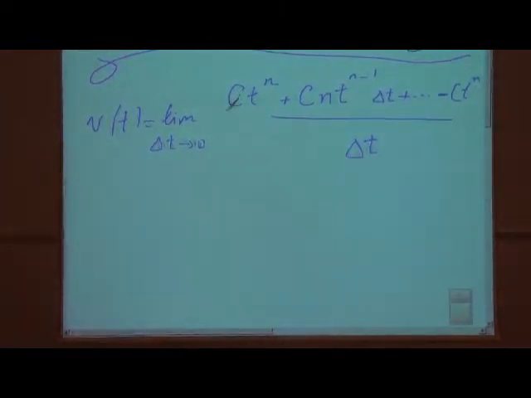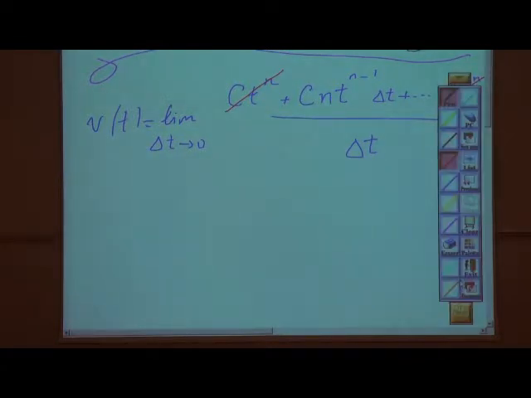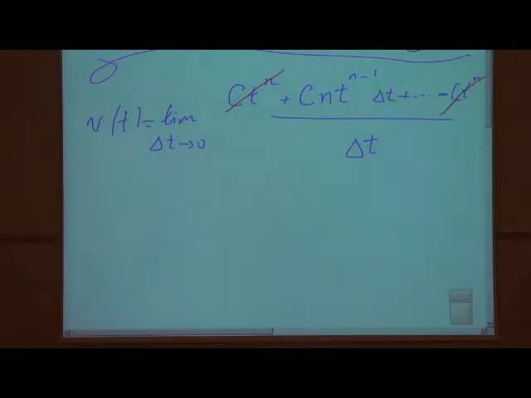So again, the initial position c t to the n shows up as the first term in the later position. And then there are corrections, all of which involve delta t. So the delta t will also cancel. Okay?